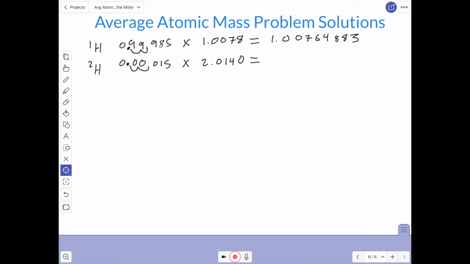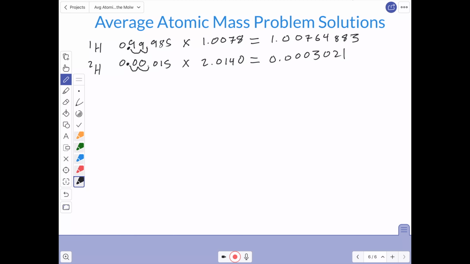Now we multiply 0.00015 by 2.0140. That's going to give us 0.0003021.